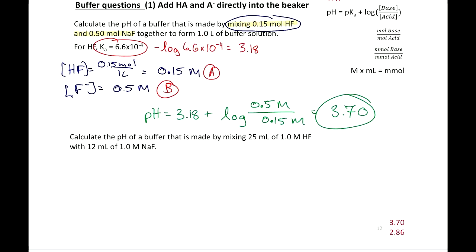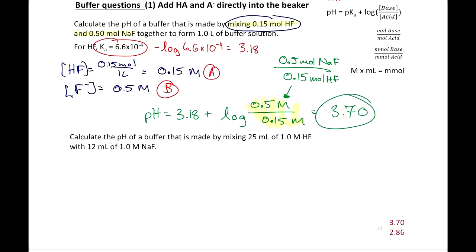Here in this fraction, you see it's 0.5 molarity of HF over 0.15 molarity of NaF, but we could have easily just put the moles in the ratio and we would have gotten the same answer. Again, I'm trying to show you tricks to speed up calculations on exams. Then you plug that in and you're good to go.